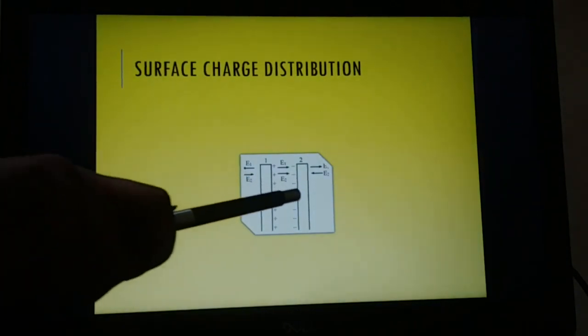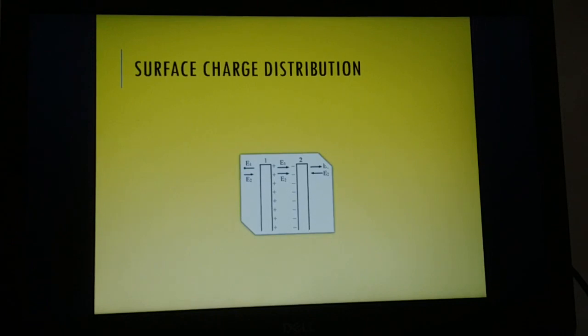But in the middle of these two plates, that is the second region, E1 and E2 are acting in the same direction. Analyze it. In the first region, E1 and E2 are acting in opposite directions. In the third region, E1 and E2 are acting in opposite directions. And in the second region, that is in between the two plates, both the electric fields are acting in the same direction.